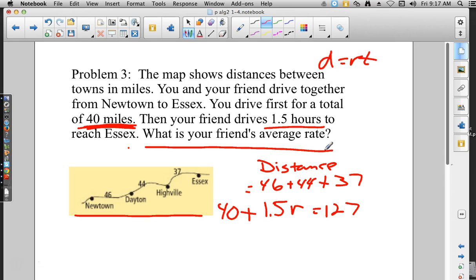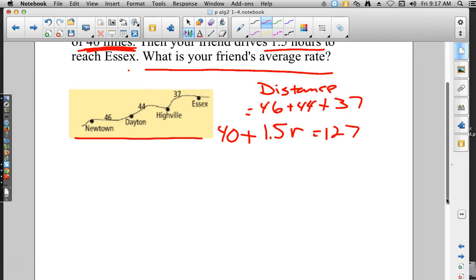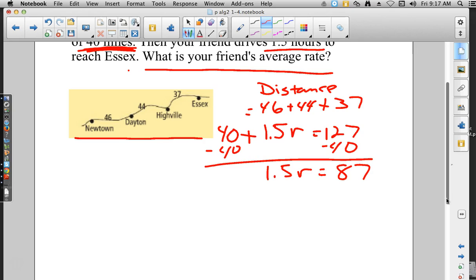So now we'd use a little algebra. So what would you do first? Subtract 40. Then what would you do? And nobody came back from the summer and said, yes, I want to divide by decimals right away.